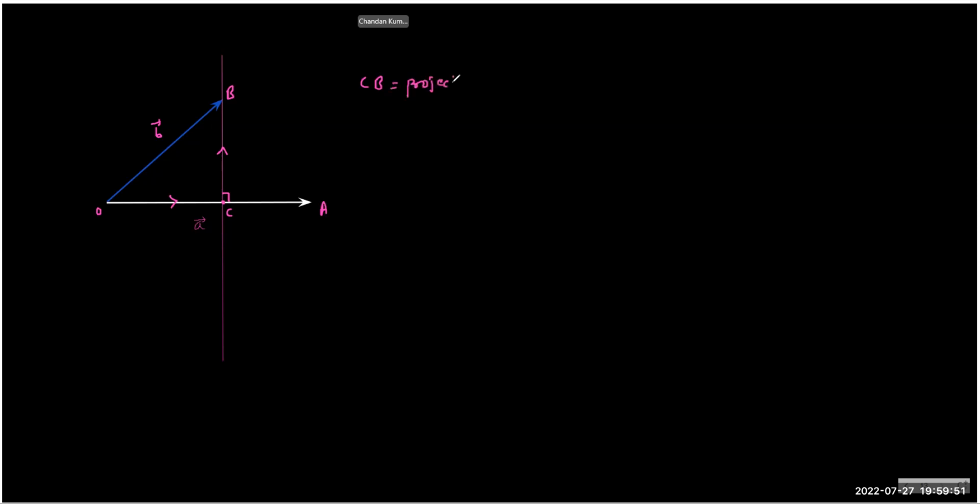Projection of B perpendicular to A vector. So it is not along, it is rather perpendicular. The shadow on a vertical wall on the other side.